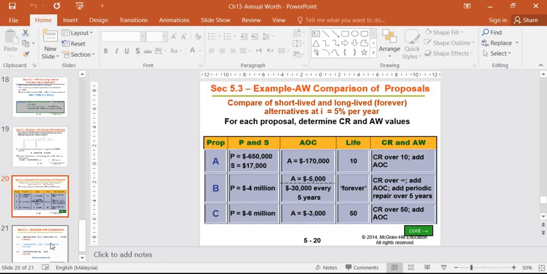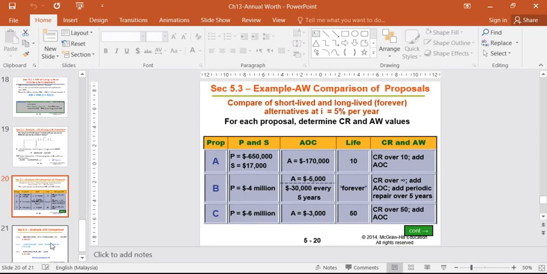And lastly, we have an example. You have to do your calculation. Short life, long life, forever. Okay, we have 3 proposals or 3 projects. This is for PNS. This is AOC.